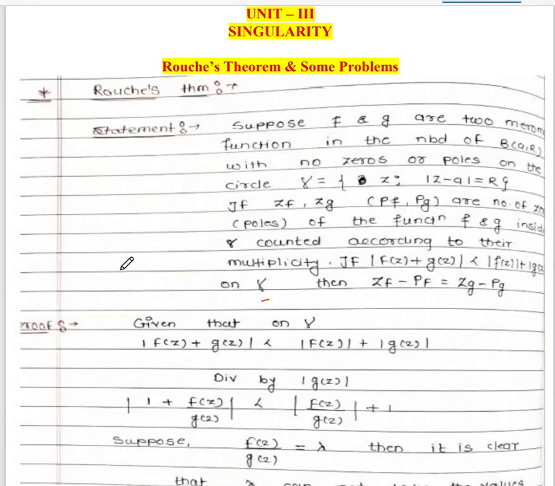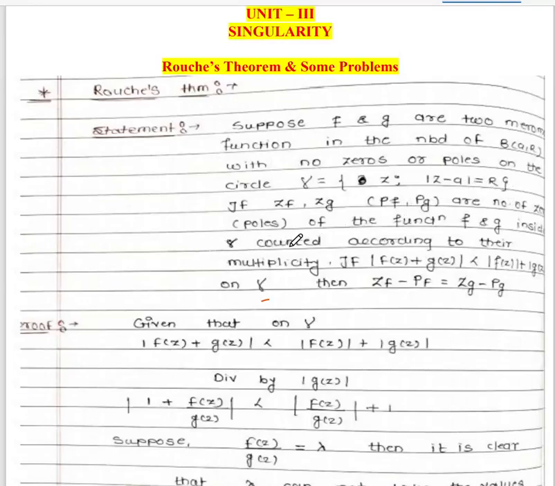So what is given? We are given that f and g are two meromorphic functions in the neighborhood of the circle with center a, radius r, with no zeros or poles on the circle gamma.